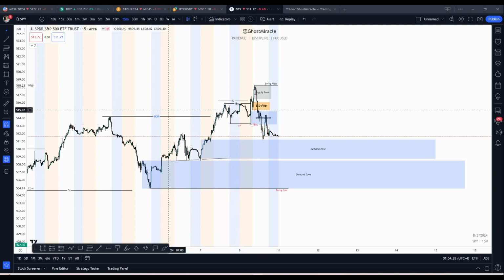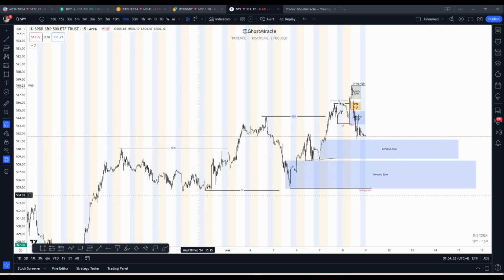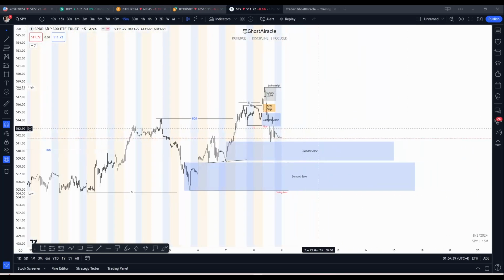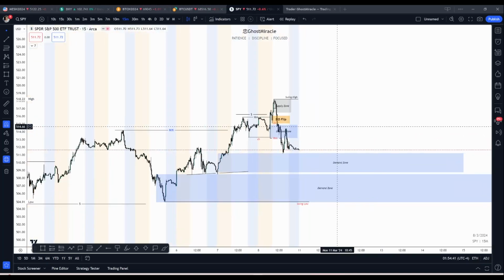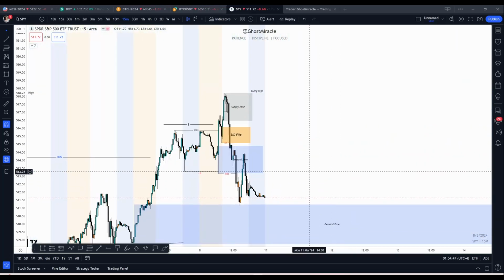Even though it is high, pullback, low, you can validate it as a breaker structure, but it's not the same as these pullbacks here that occurred, what you call breaker structure, which I would 100% agree with. So it's not really a swing.